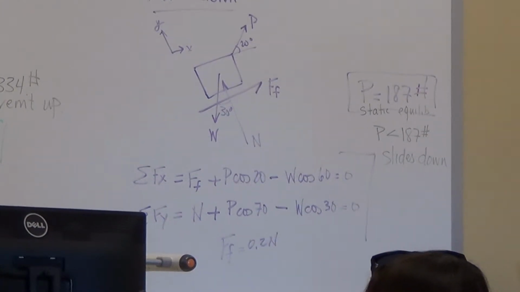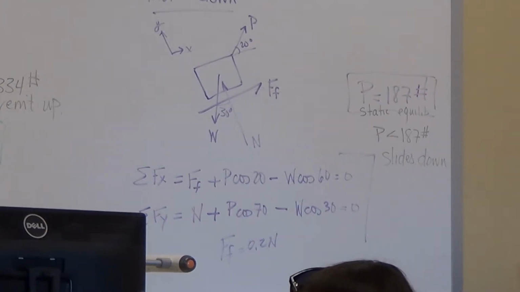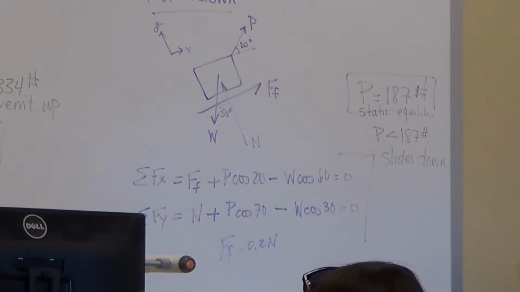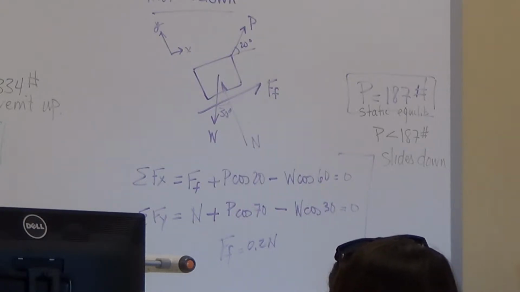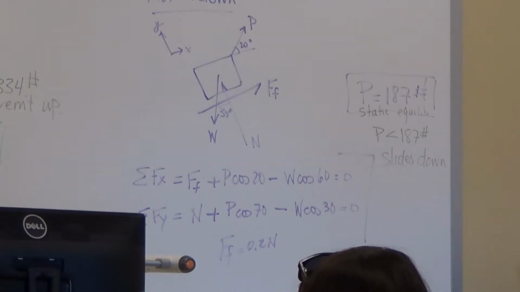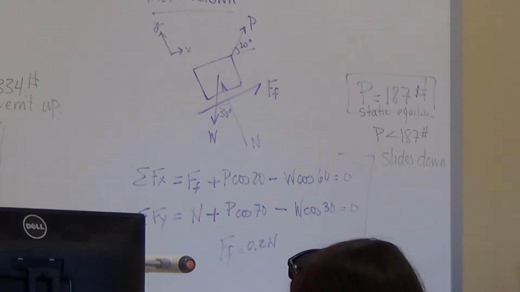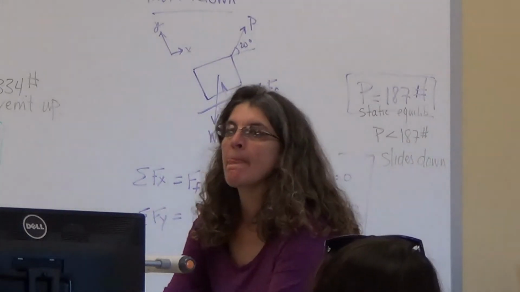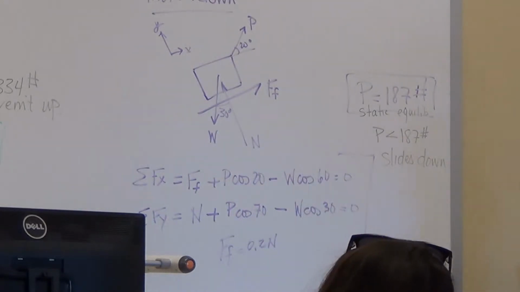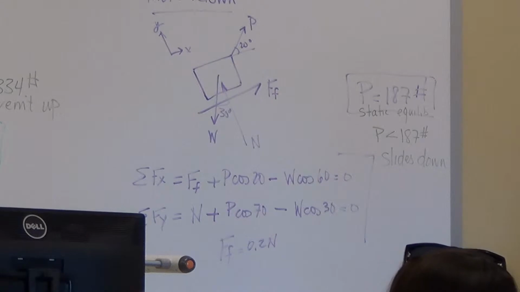They want to know what P we should apply that keeps this block in static equilibrium, and how would you summarize the result? You're going to do the P value that, if you're going for the largest one, will be the one that balances, adds to be 0 with the frictional and the weight force.